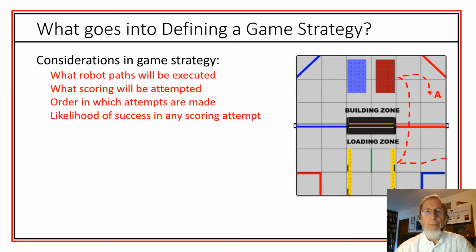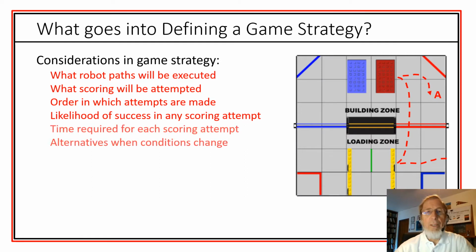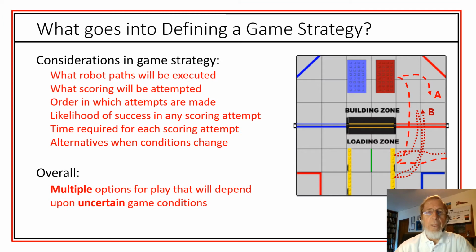The likelihood of our being successful in any attempt, the time required for each scoring attempt, and alternatives when conditions change and we need to change our plans. So overall, a strategy is really putting together multiple options for play that will depend upon the uncertain game conditions. We need to be ready to perform regardless of what surprises occur on the game field.